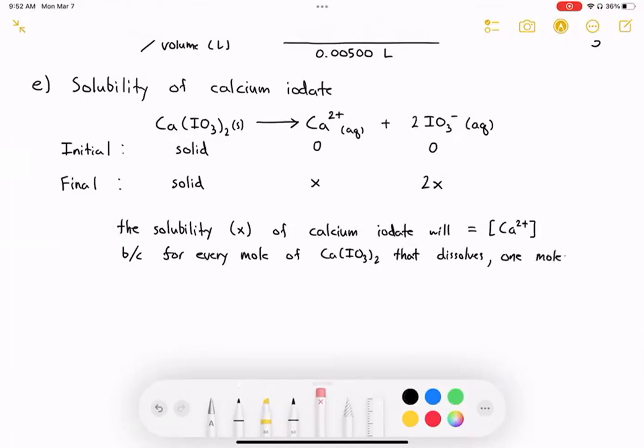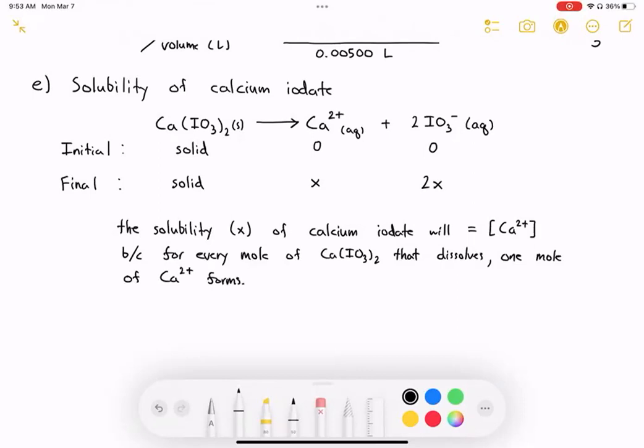Now we can say you could go based off the concentration of iodate, but you then have to divide it by 2 because 1 mole of calcium iodate will have 2 moles of iodate. So it's a 2-to-1 kind of ratio. So 1 mole of calcium 2 plus forms.